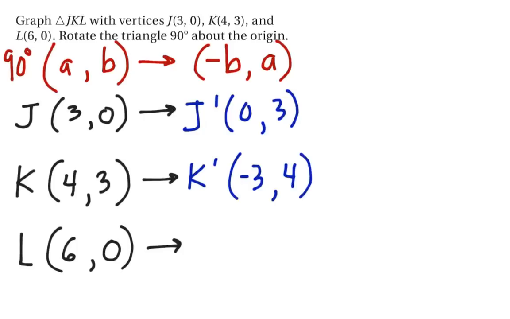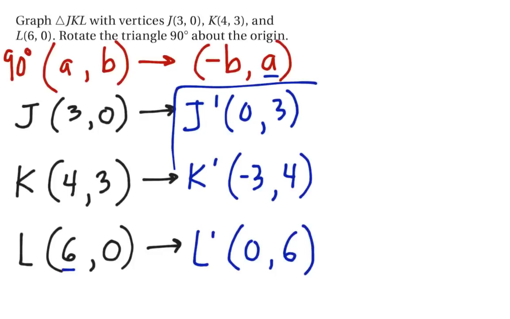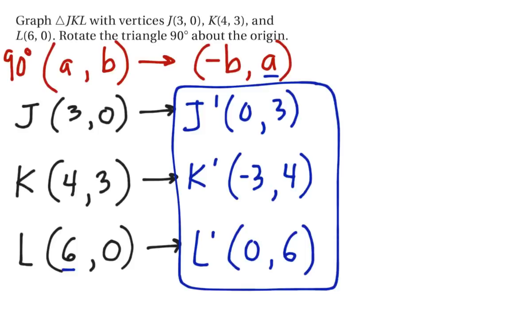So 4. L prime is going to be found at, again, the opposite of 0 is just going to be 0. 0 actually doesn't have an opposite. You can't change the sign of something that doesn't have a sign. But the A here is going to be 6, and so I'm just going to use 6 as the y-coordinate for the image. So here is where the image would be located at those 3 vertices.